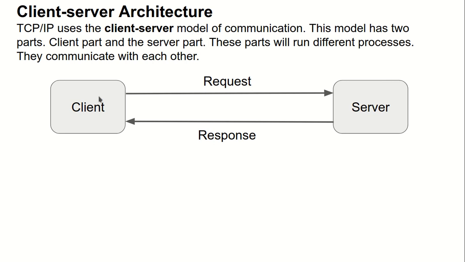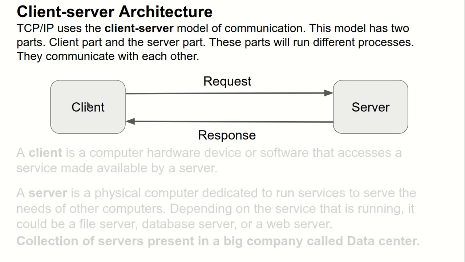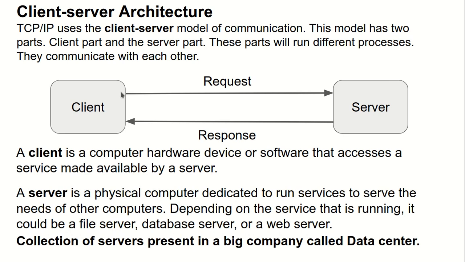The client then sees the Google web page in its browser. This is the client-server model: the client sends a request, and the server finds the data and gives back the response.